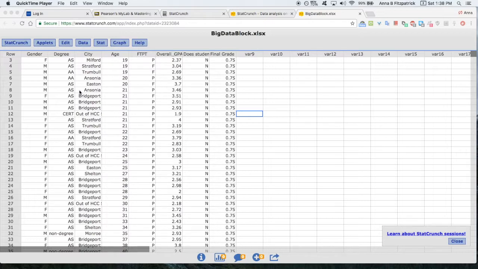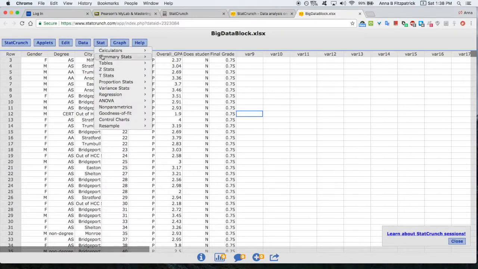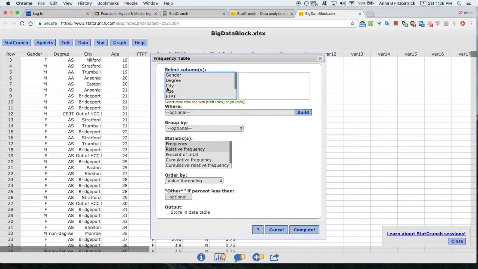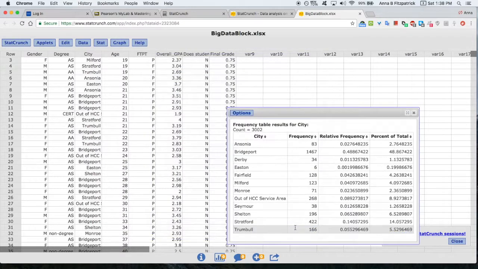So because this is categorical data, we are going to first use a frequency table to determine how many students are from Bridgeport. So we are selecting city, and for our statistic we want to find the frequency, the relative frequency, and the percent of the total.